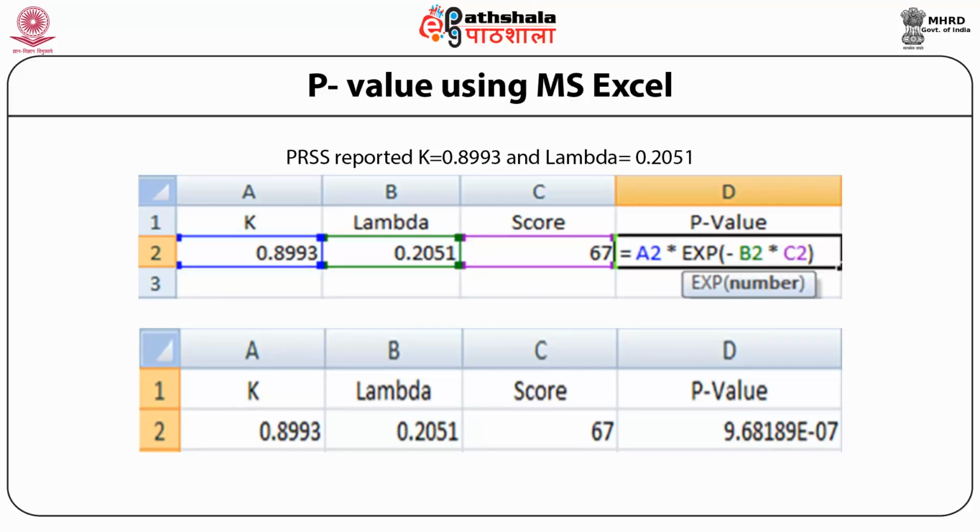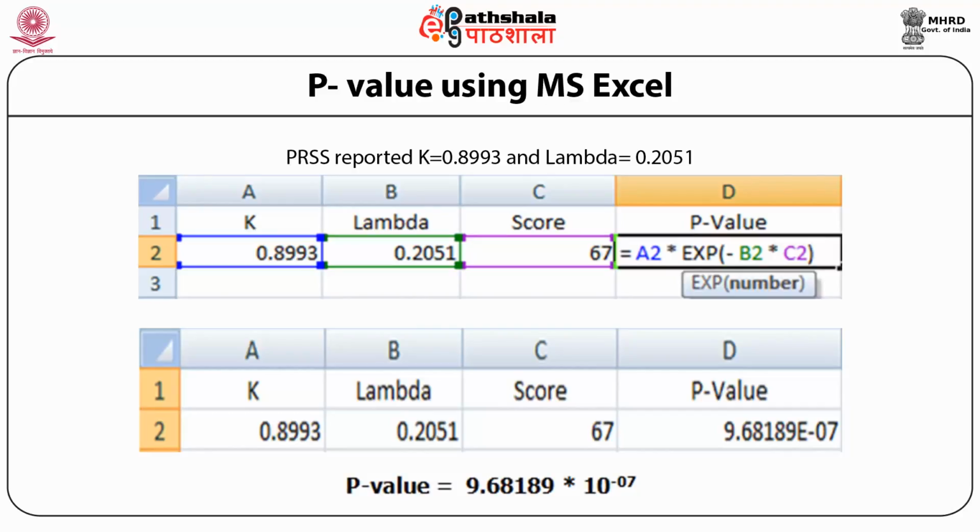In row 2, enter actual values for these parameters, that is 0.8993, 0.2051 and 67 in cells A2, B2 and C2 respectively. In cell D2, enter the shown formula and press enter.